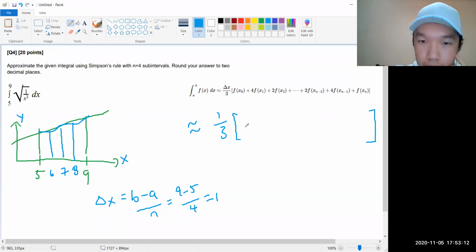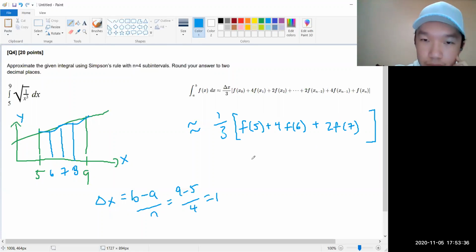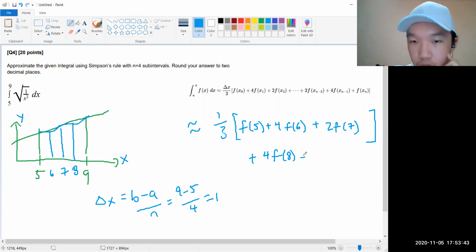So it's going to be 1 f of 5, and then plus 4 f of 6, plus 2 f of 7, plus 4 f of 8, and then this is the last term, so it's going to be 1 again. So 1 f of 9.